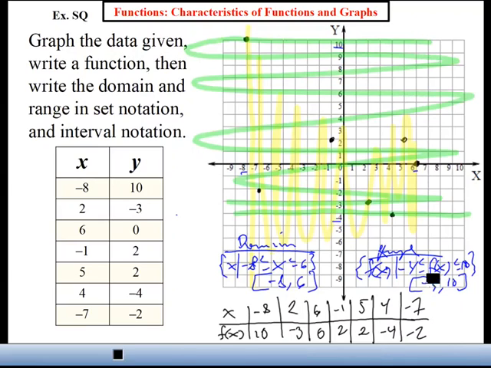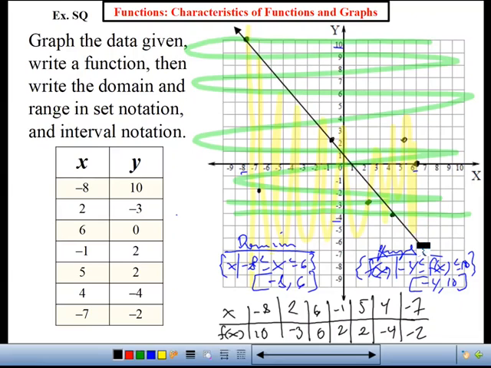All right, and from there we need a function. So your graph, hopefully you did it.